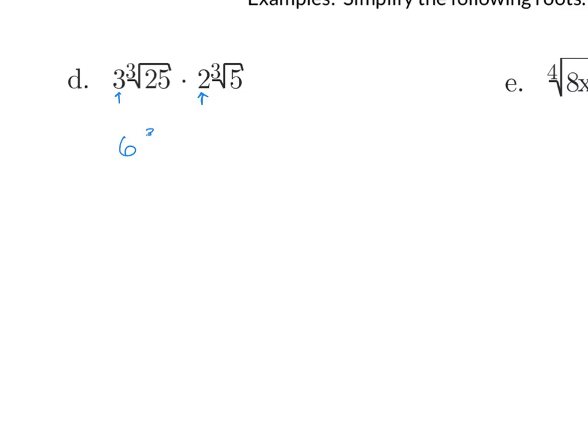We get cube root 25 times 5 is 125. Now I can take the cube root of 125. The cube root of 125 is 5. And again, remember everything here is being multiplied. So we get 6 times 5. This simplifies down to 30.